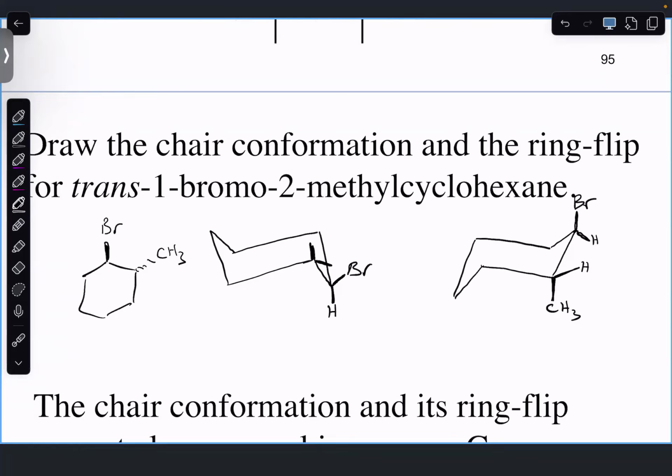It does not switch up and down. So then when I go to draw in my methyl at C2, where does the methyl go? Is it axial up or equatorial down? Yeah, it's going down here in this form. It's got to go down in that form.